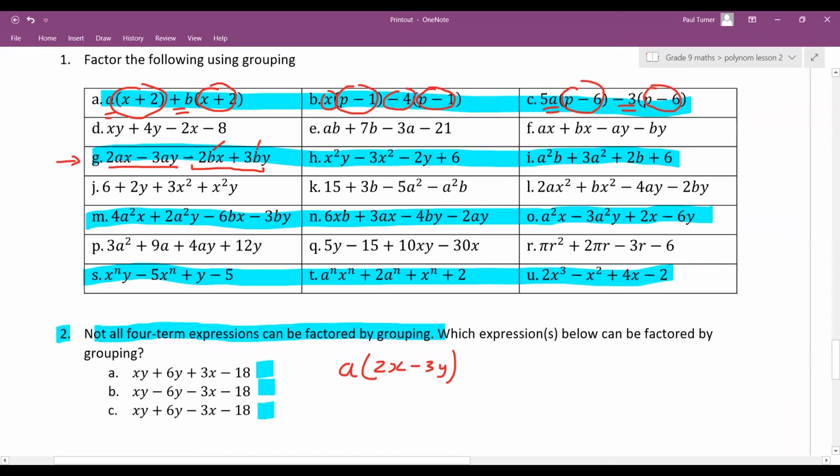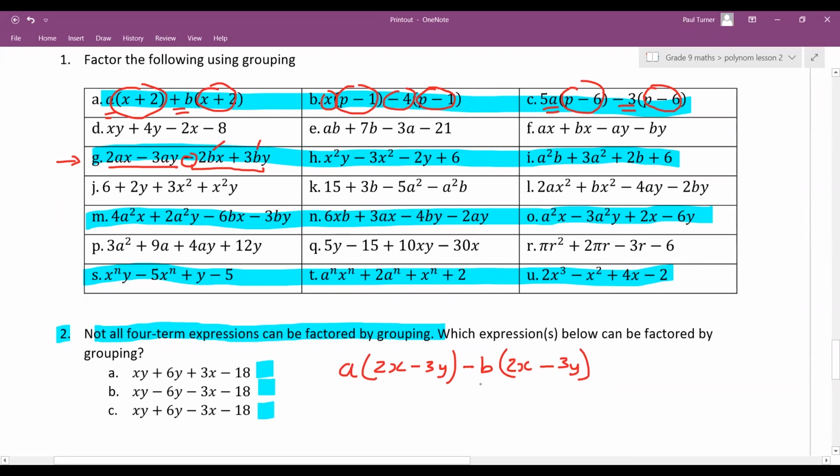So keep your sign, minus b, make a bracket. You would then be left with 2x. And this one tells you it's probably going to be minus. So put a minus there, and then this one would be 3y.